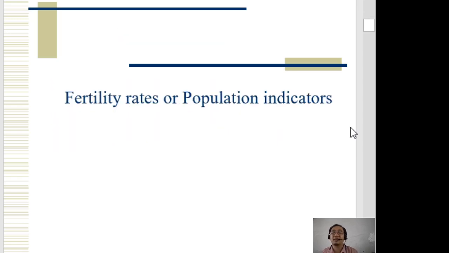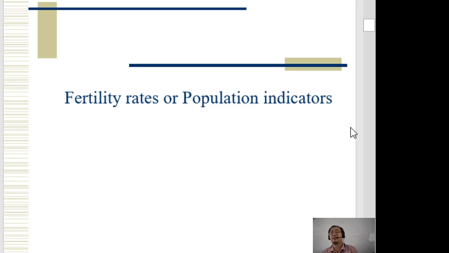So let's start with the different indicators, with fertility rates or population indicators. When you say population indicators, these are indicators, statistics, events that refer not only to population growth, but also to the dynamics, the changes in the population.